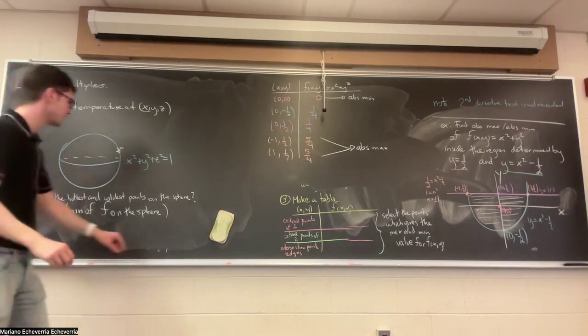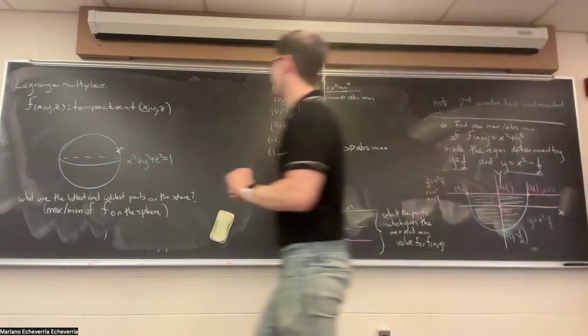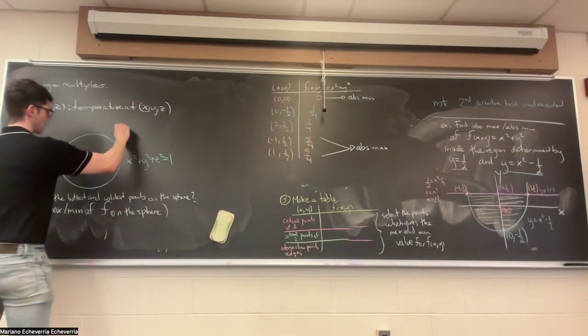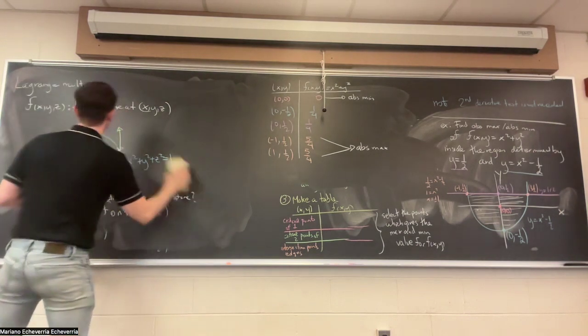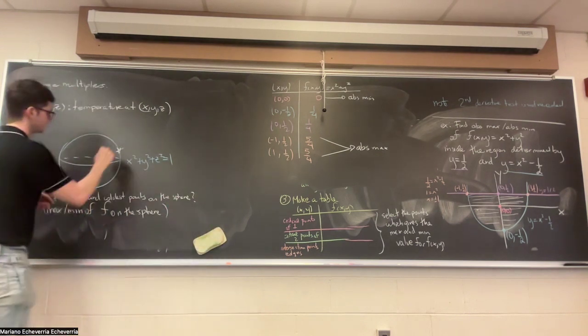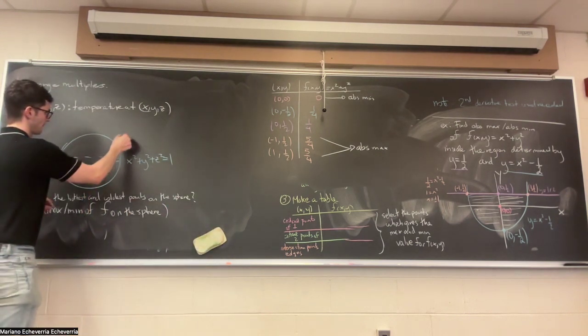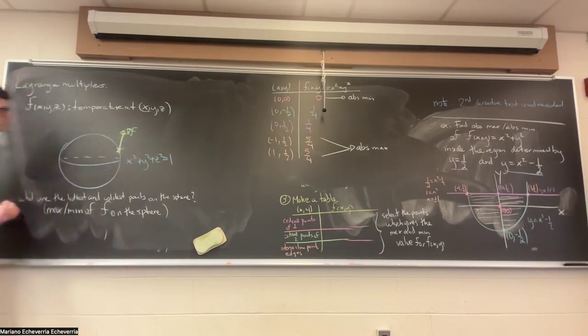Let's say that you're somewhere on the surface of the earth and the gradient of this function, let me do it a little bit more exaggerated, is pointing that way, right?